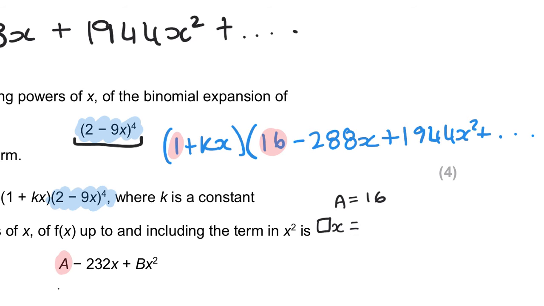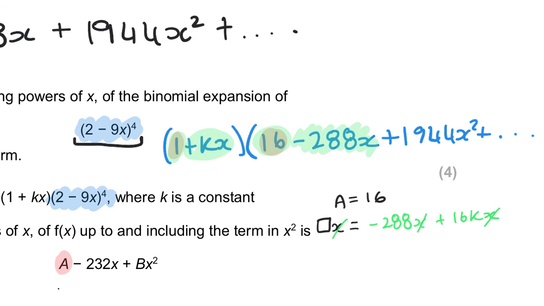Well, I can do that by doing 1 times this x value, okay, which is minus 288x, or I could do kx times 16, which is plus 16kx. Obviously, we're not worried about the x's because we're just looking at coefficients.